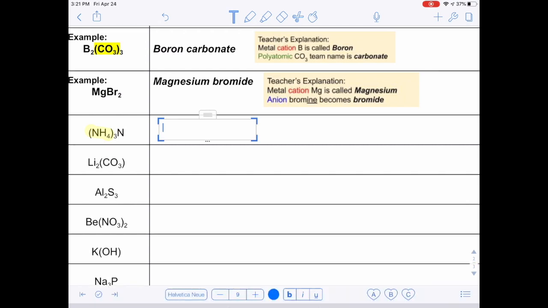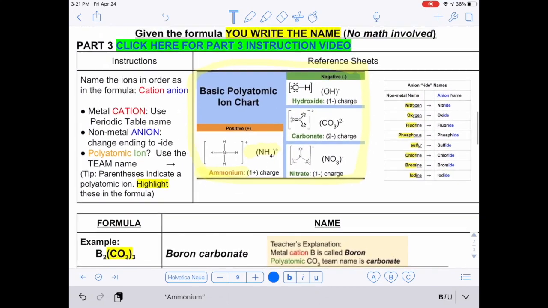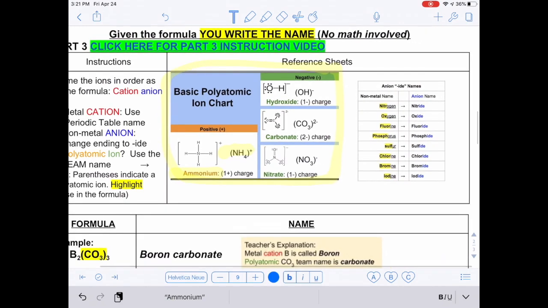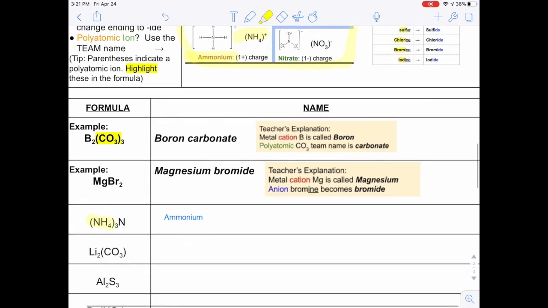So the first name for this one is ammonium, and the N, since it's just a single atom, is one of our anions. Nitrogen becomes nitride. So the second word is nitride.